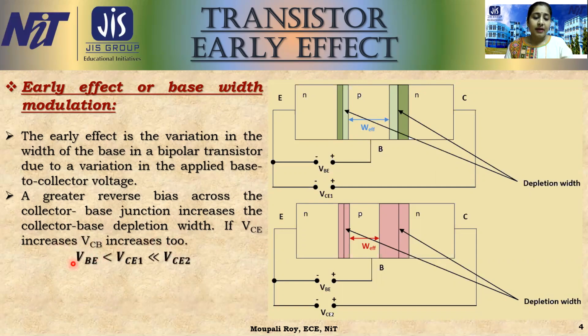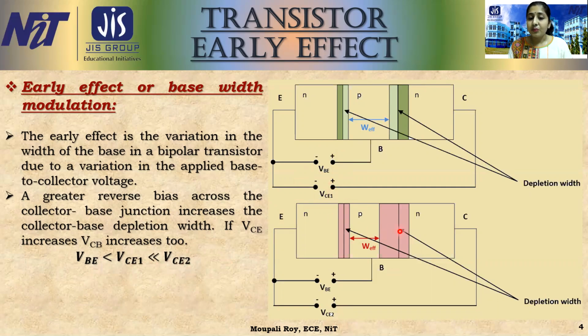So from this we can say that VBE is less than VCE1, which is much less than VCE2. VBE is less, VCE1 is a bit greater than VBE, but VCE2 is much greater than this one.